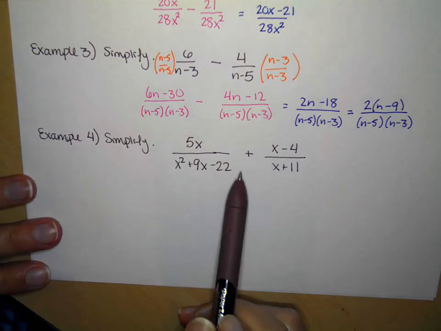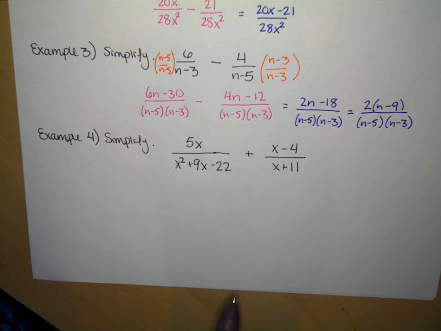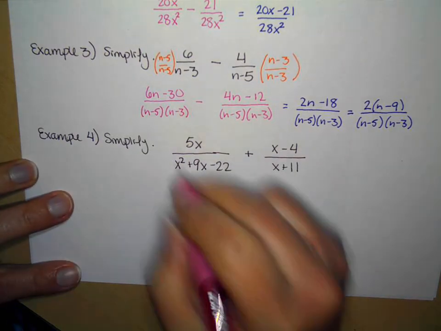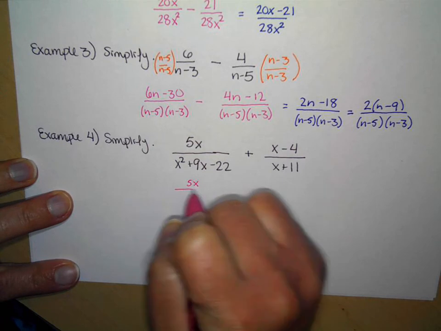If you look at this first fraction, that denominator x squared plus 9x minus 22, hopefully you'll recognize that that is something that can be factored. And that is the very first thing that we want to do here. Always factor your denominators if you can.